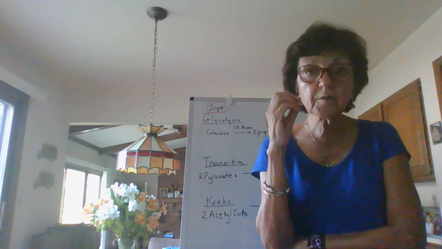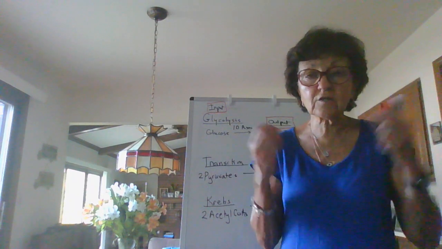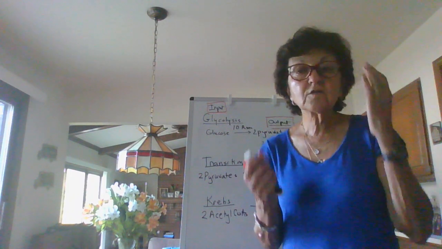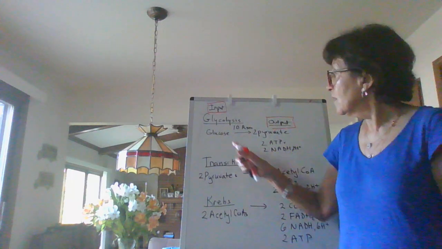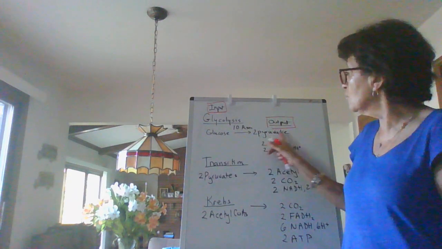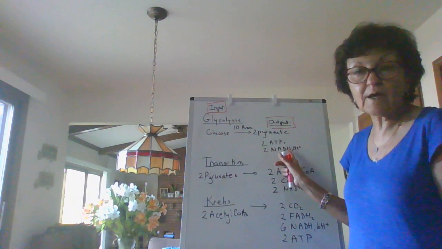So this is super important to remember that, because we're going to be using these NADHs to get a whole bunch of ATPs at the end, all right? So what do you guys need to know? Input of glycolysis is glucose. Output is 2 pyruvates, 2 ATPs, and 2 NADHs, okay?